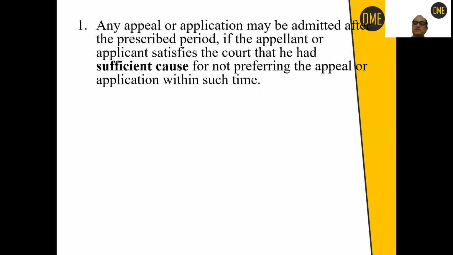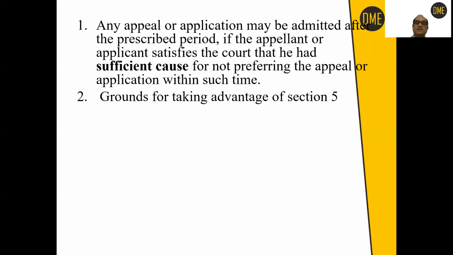So the first point which you must keep in mind, that any appeal or application may be admitted after the prescribed period if the appellant or applicant satisfies the court that he had sufficient cause for not preferring the appeal or application within the prescribed time.